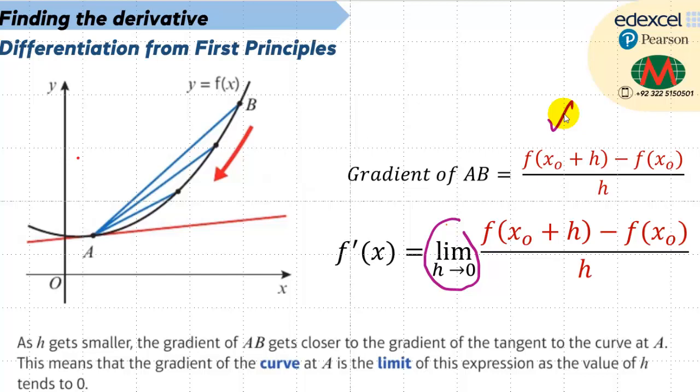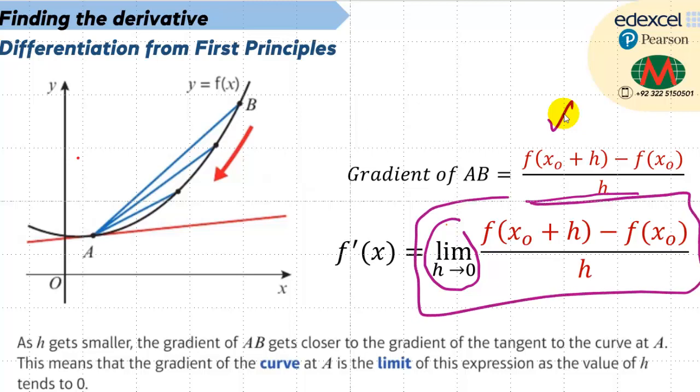So we say limit h tends to 0. So this whole gradient will become the gradient of the tangent line, and we use this symbol. Let's use this rule to see how we can find a derivative of any function using this method.